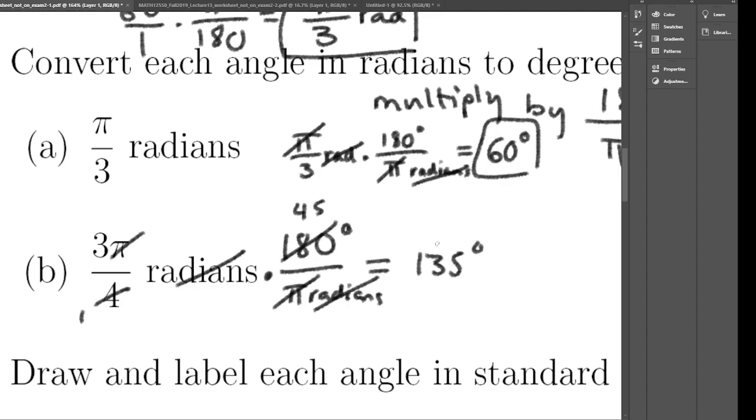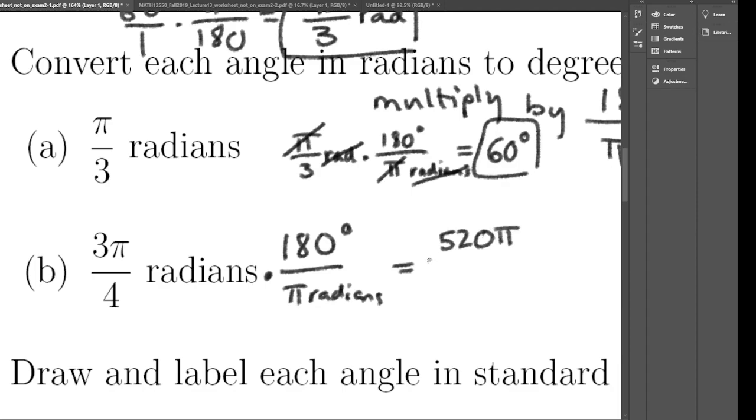Now, if you don't do it that fast, that's okay. If you want to break it down, another way to think about this is this. When you do the multiplication out, you're going to get something like 3 times 180. What's that? 360 plus 180 is 540. 540 pi over 4 pi.